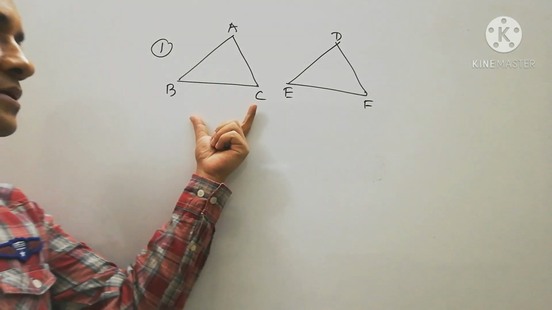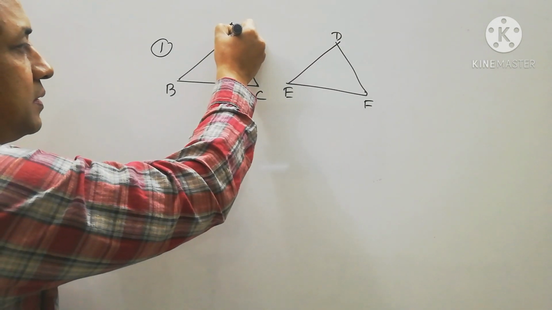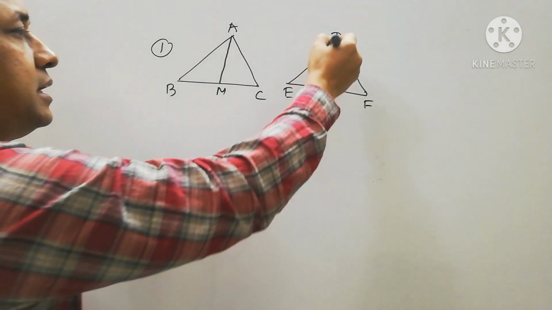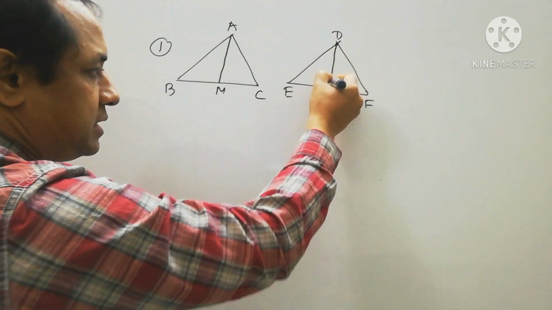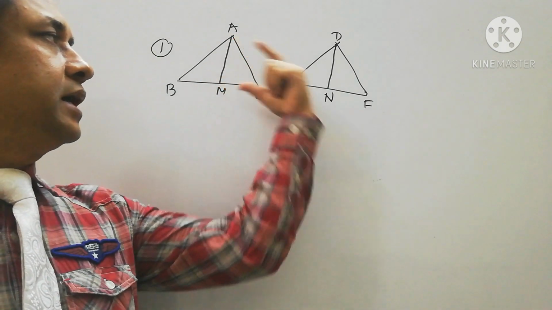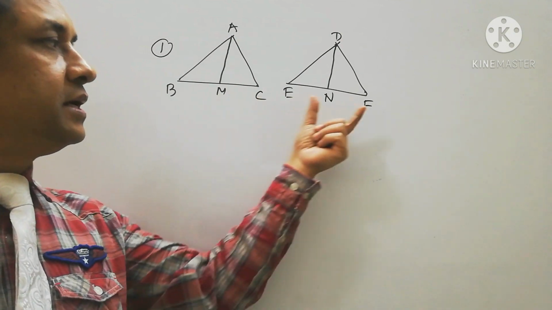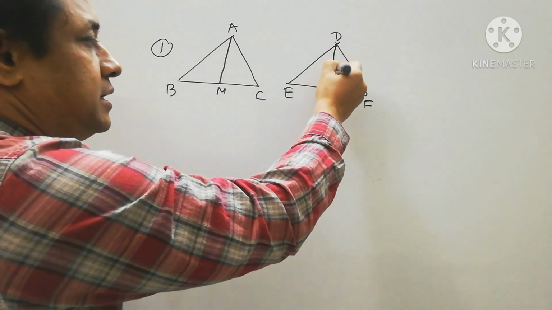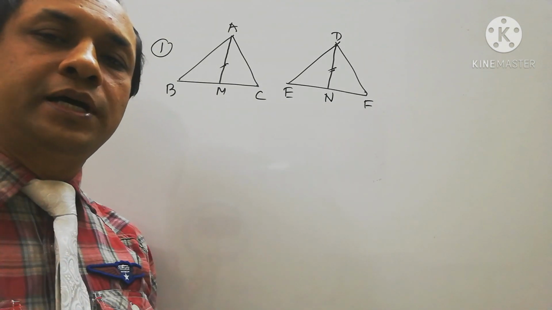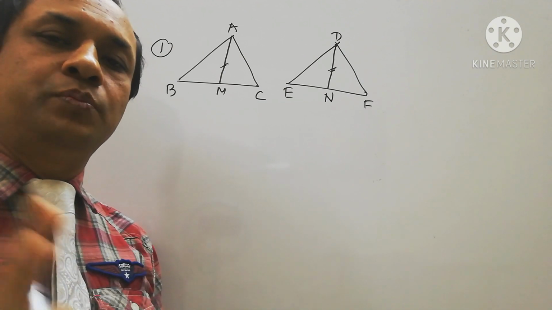Now the height of triangle ABC is AM and the height of triangle DEF is DN. So the first concept: if the heights of two triangles are equal, their bases and areas are proportional.